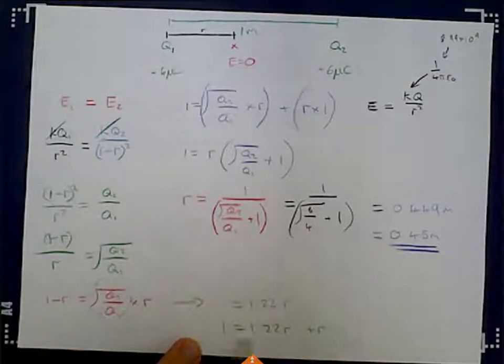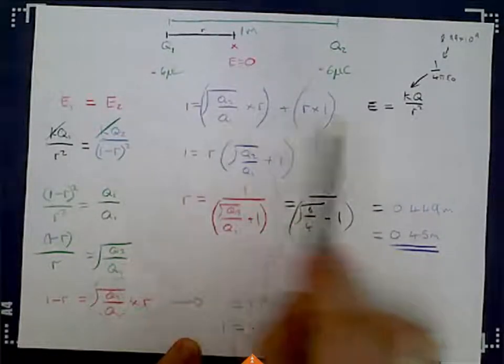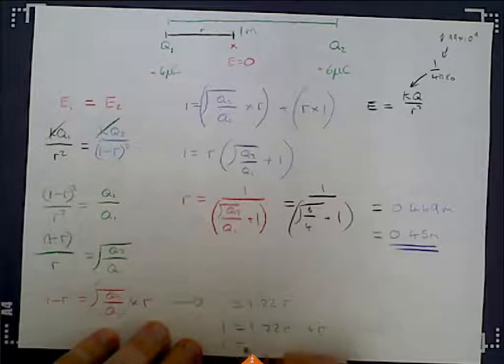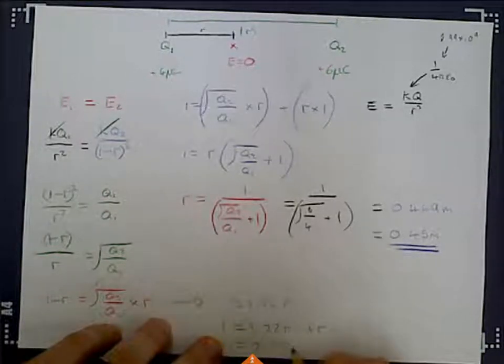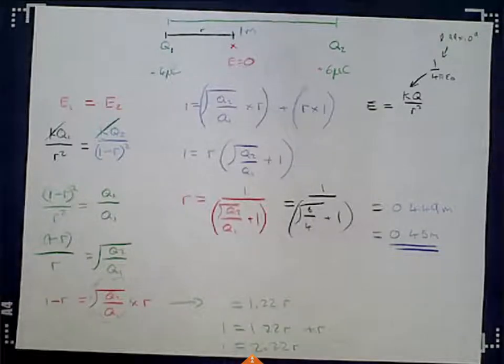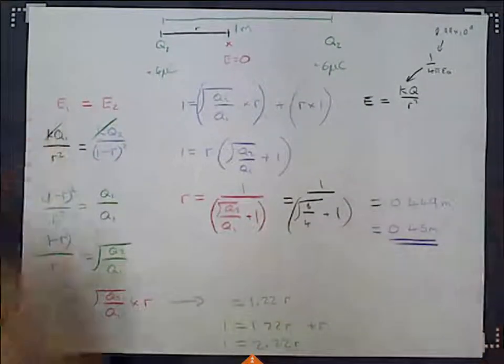Then you might find this easier to see, because you might go, okay, 1.22r plus r, well, that just means that I've got 2.22r. And that might be easier for some of you to see.